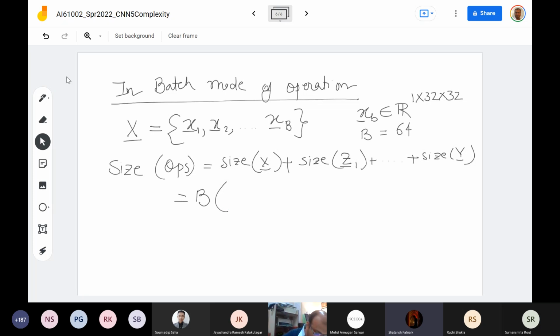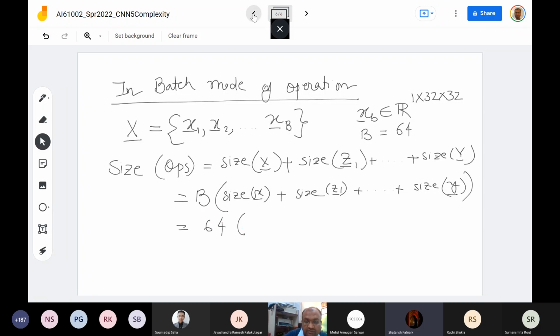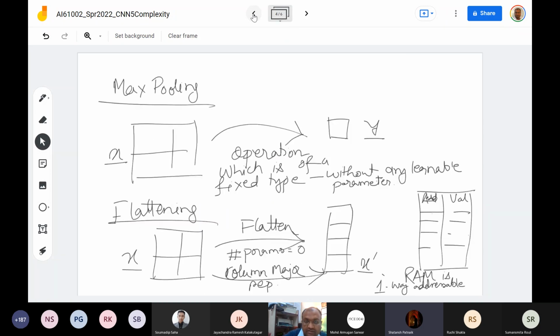So that becomes B times size of X plus size of small z1 plus like this up to size of y. Now, this will become 64 into, now you will have to count all of them. So what is that size of X, size of Z1, size of Z2, like this.